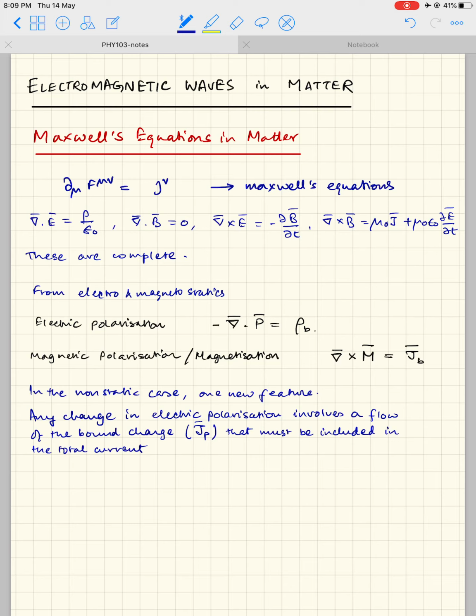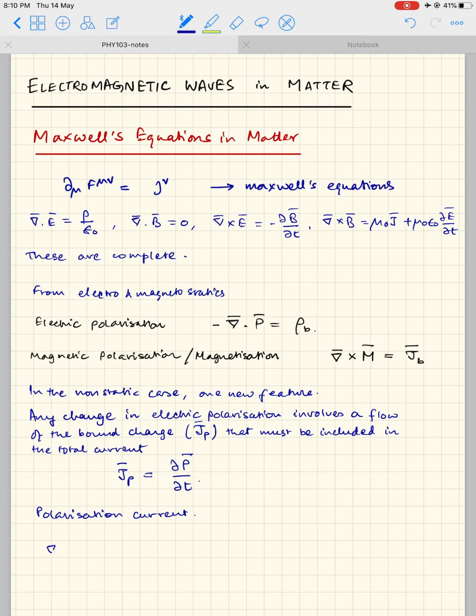So that means that you have something which is JP, which is just del P del T. Now notice that this is the polarization current. This does not have anything to do with the bound current. So now, let's do something.